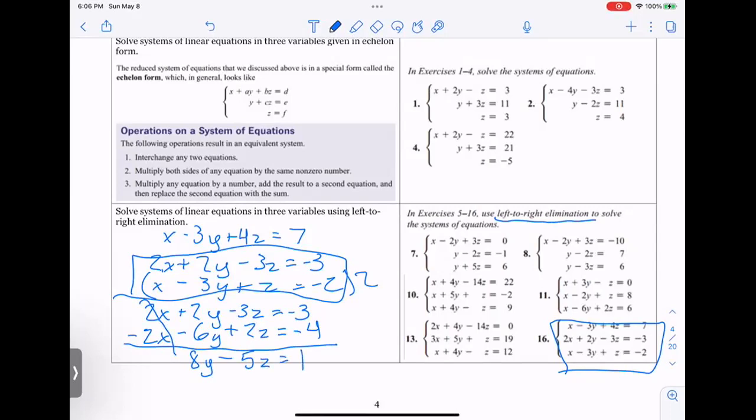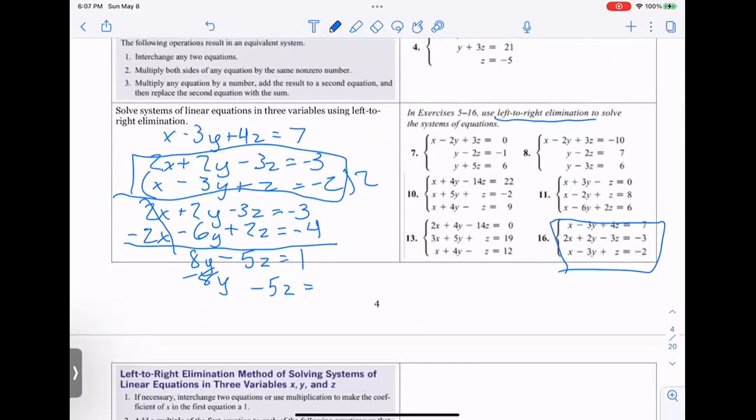So in this case, let's solve for z. To do that, we subtract 8y on both sides. We get -5z is equal to 1 minus 8y, and divide by -5 on both sides. So z is equal to (1 minus 8y) over -5.